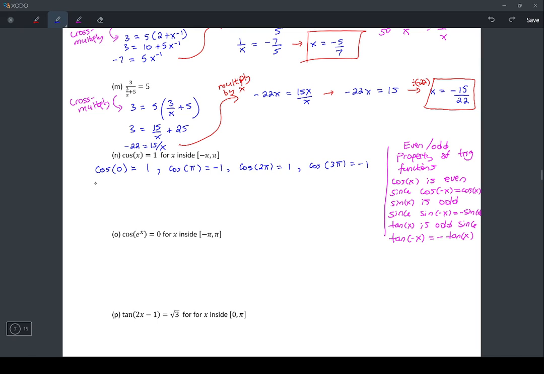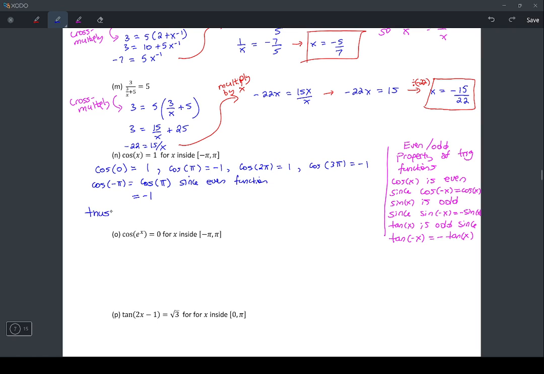So we can use that to say that the cos of minus pi is the cos of positive pi, since it's an even function, and that's equal to negative 1. So there's only one solution.